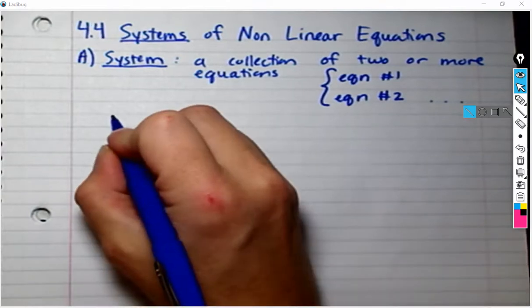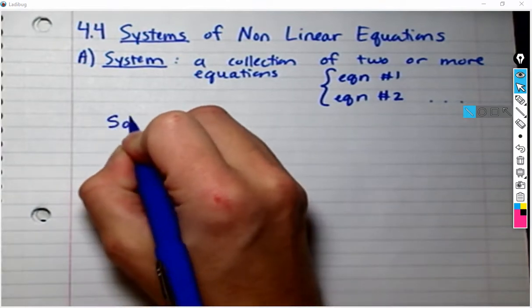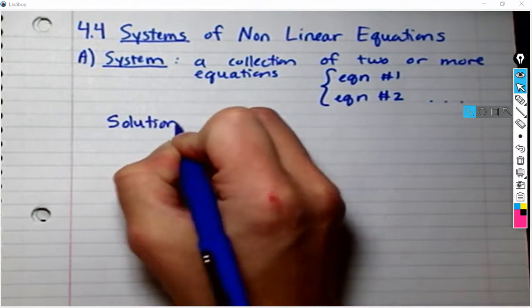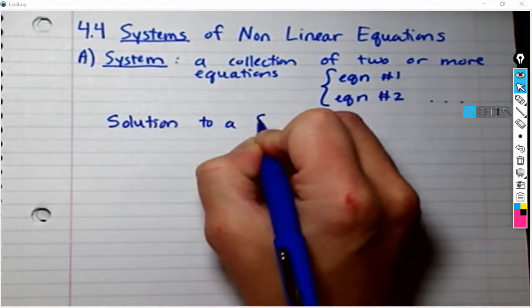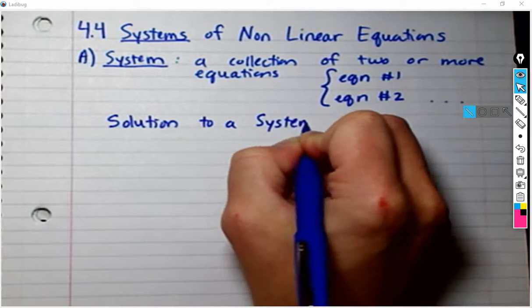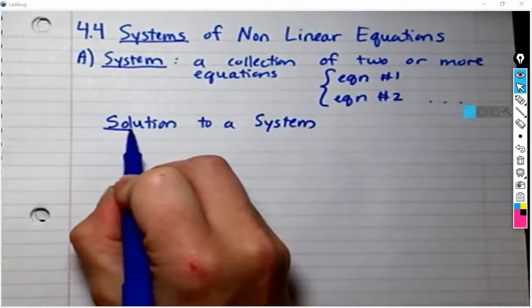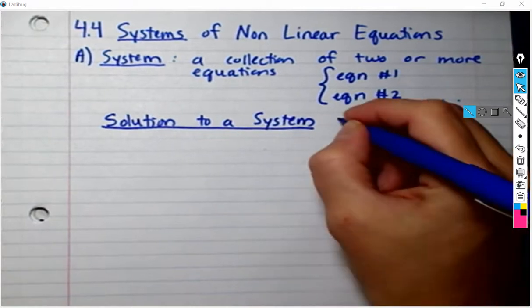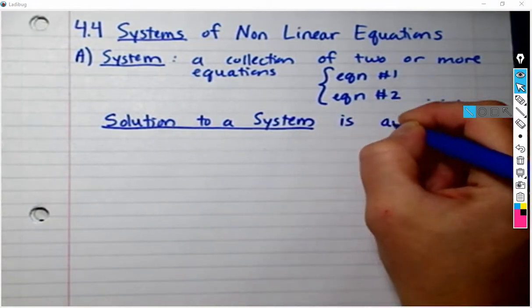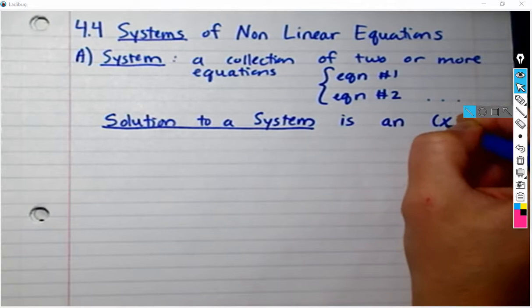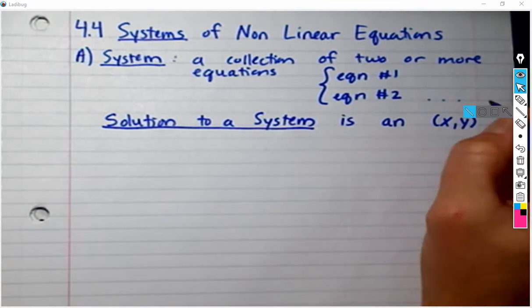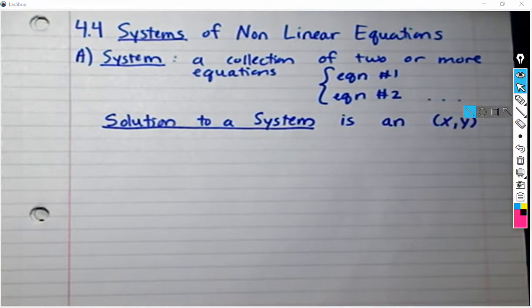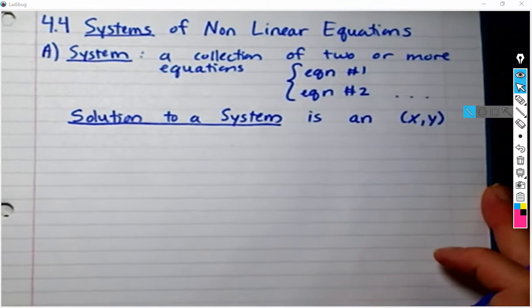What we need to know is, what is a solution to a system? Okay, a solution to a system of equations is an x comma y point. It's a point.